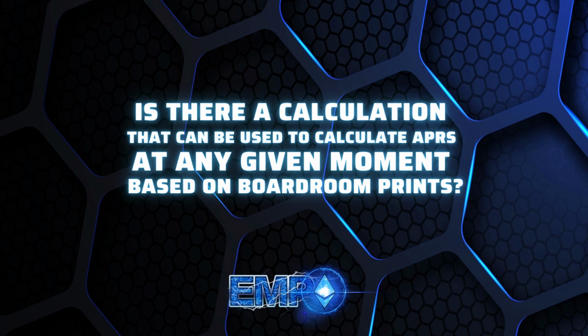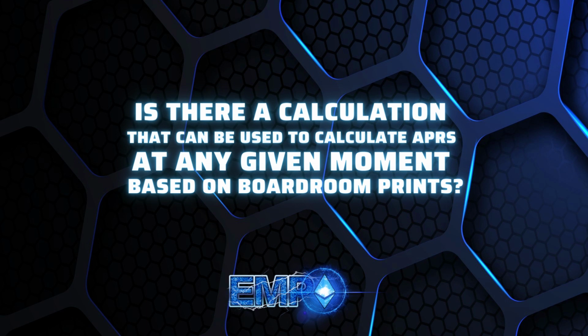So that's the new phase that we're in. The next phase is between 20 million and 50 million. When we cross over 50 million EMP in circulating supply, that expansion rate, or the maximum percentage of EMP printed per print, will go from 1.25% to 1%.